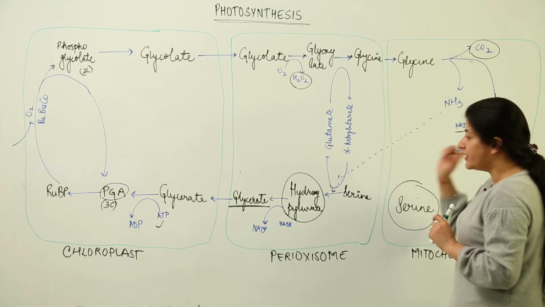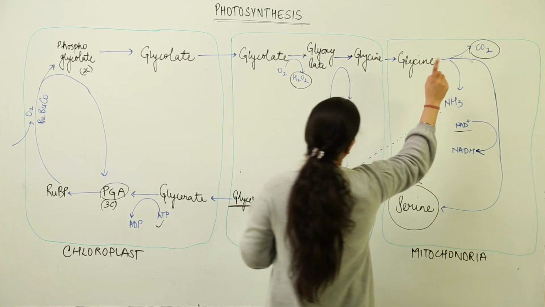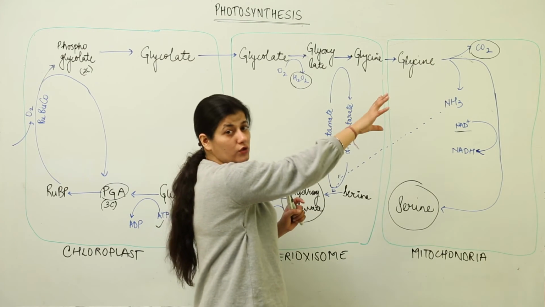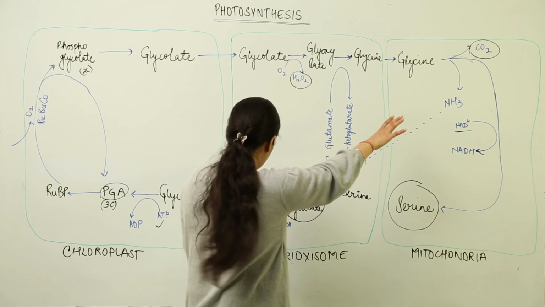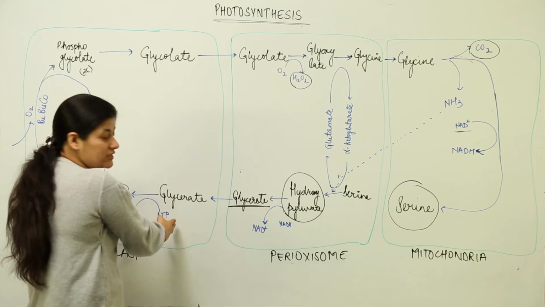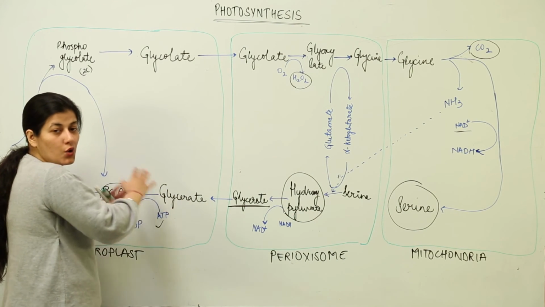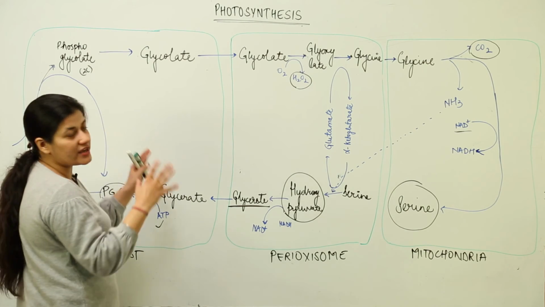And one thing, as you can see over here, is that one carbon dioxide is getting lost from whatever compound is being utilized, and one ATP is also being used, and we are nowhere getting glucose. So this is a wasteful process.